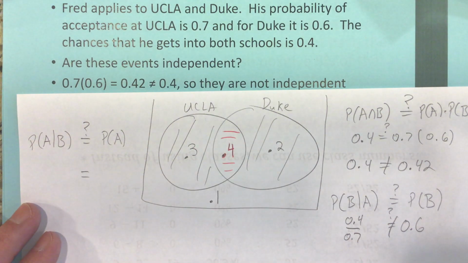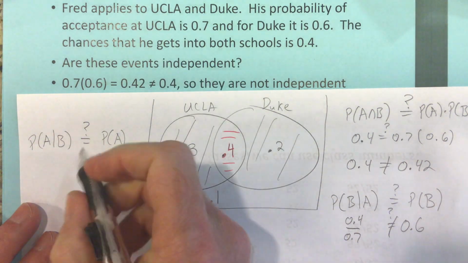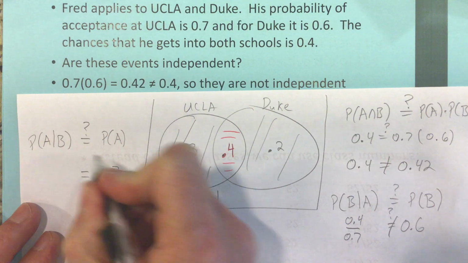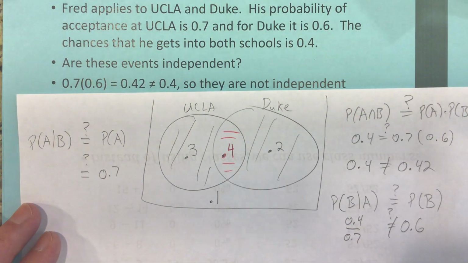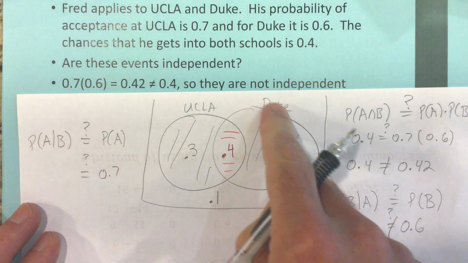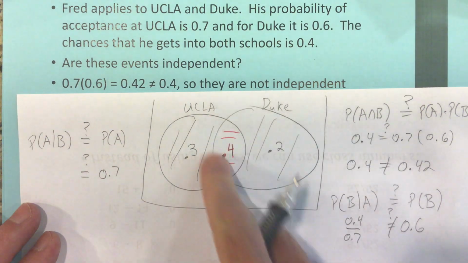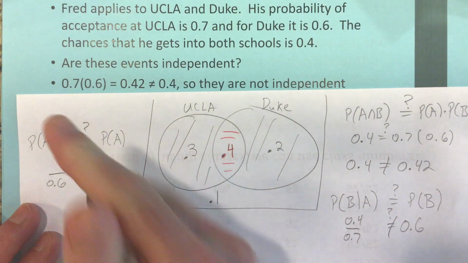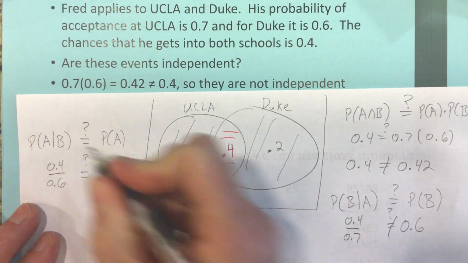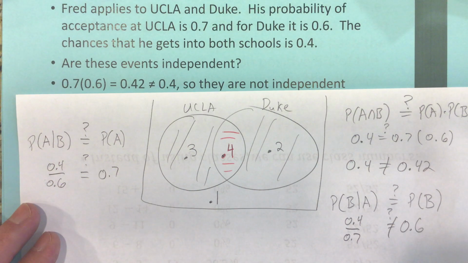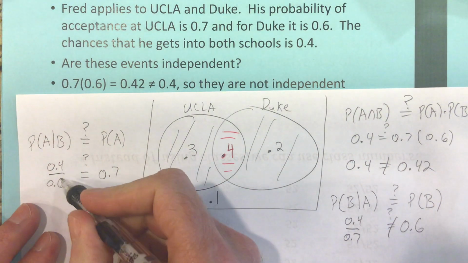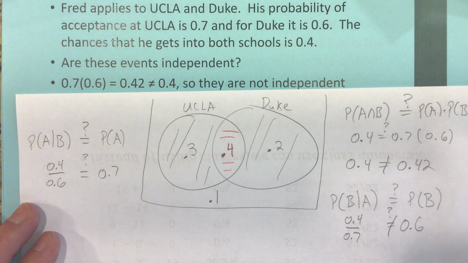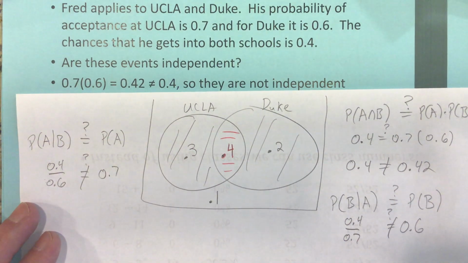Well, getting into UCLA, we know that's 0.7. Now, we're given that Fred's been accepted to Duke, so we're in this circle. This circle has a total area of 0.6, and 0.4 of that would fulfill the criteria of getting into UCLA as well. Now, does 4/6 equal 0.7? No, 4/6 is 2/3, right? So these, again, are not equal.